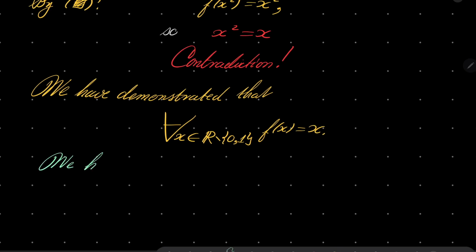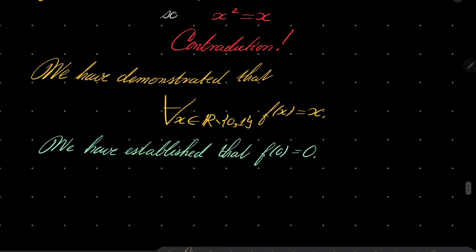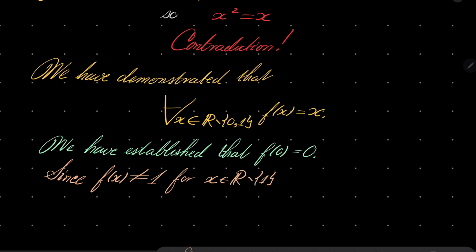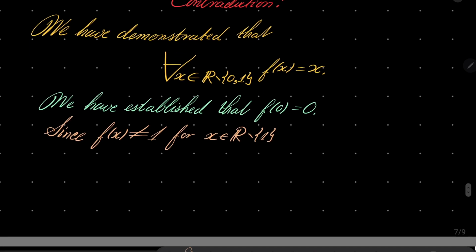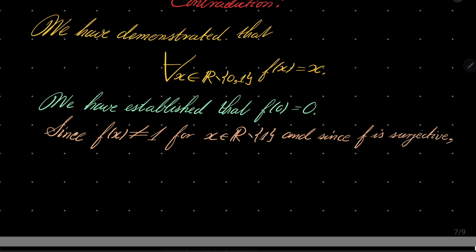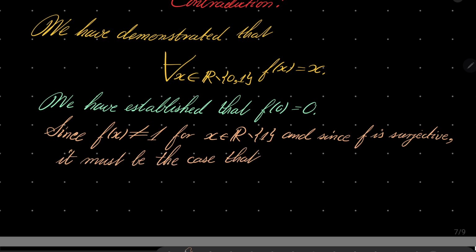Well, we have established also that f of 0 is 0. And notice that since f of x is not 1 for x's which are different than 1, it follows from this condition, and since f is surjective, it must be the case that f of 1 is 1.